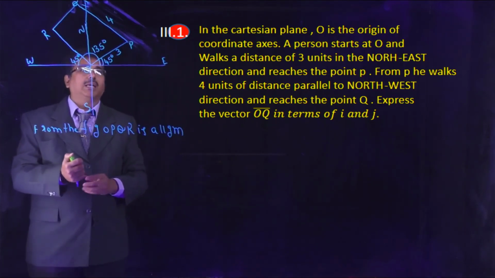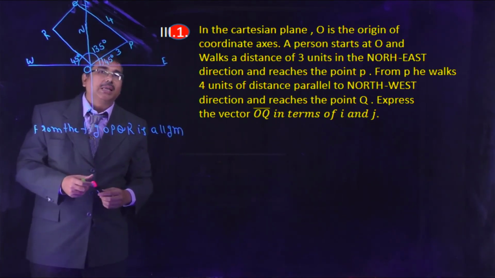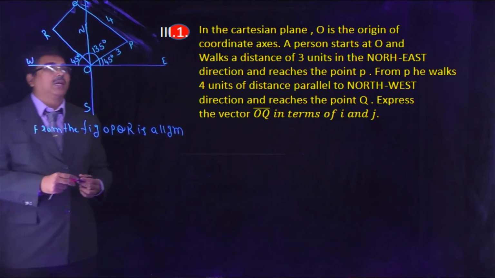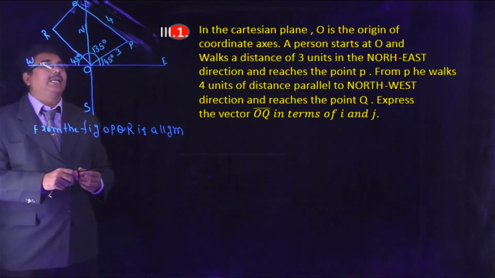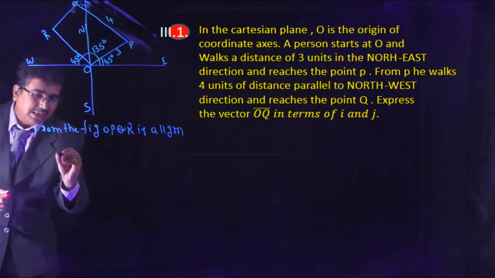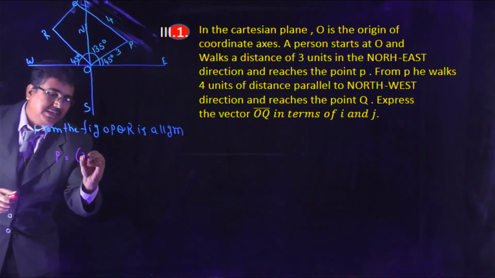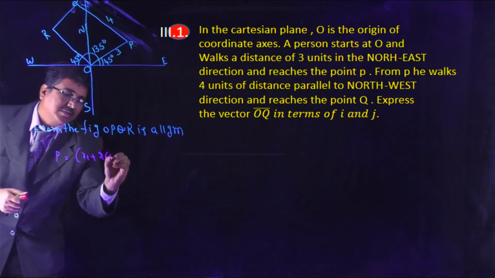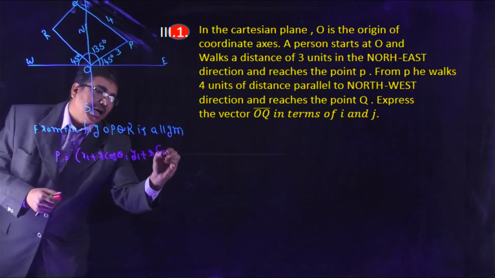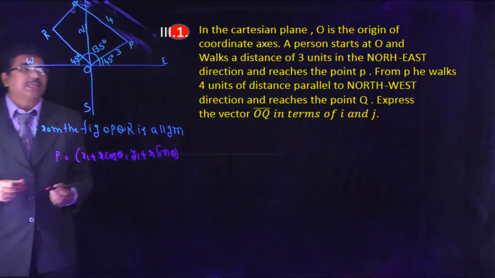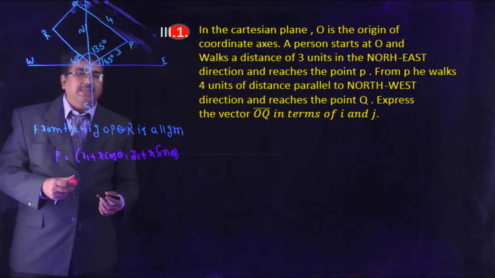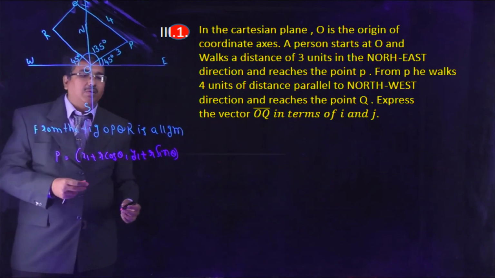Right, first, what are the coordinates of P? Here P is at a distance of 3 units from the origin. So, the coordinates of P are x1 plus r cos theta, comma y1 plus r sin theta. Right, here P is a point at a distance of r units from x1 comma y1.